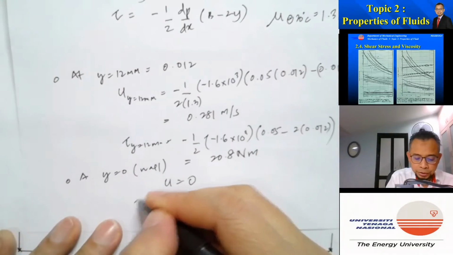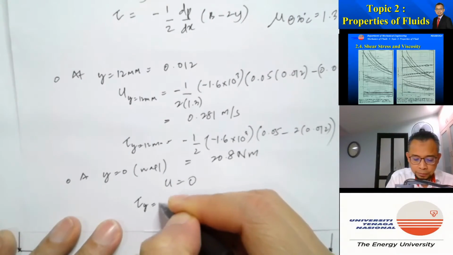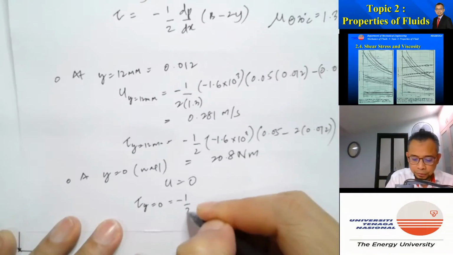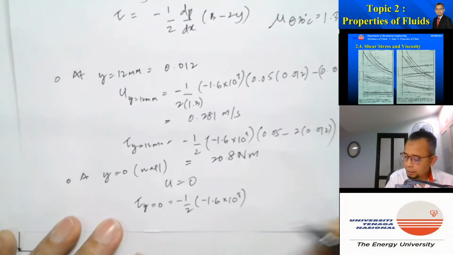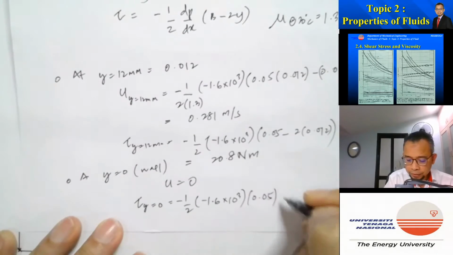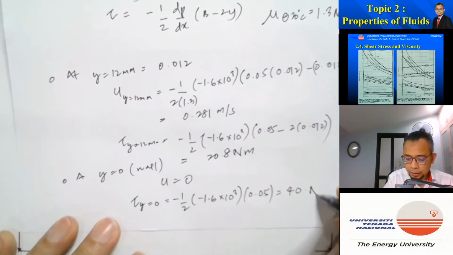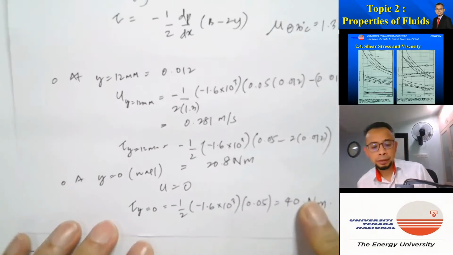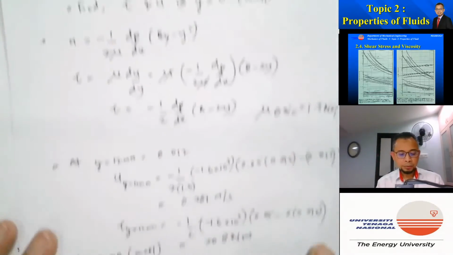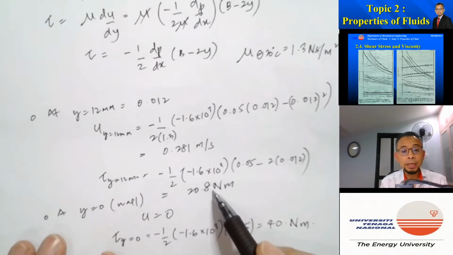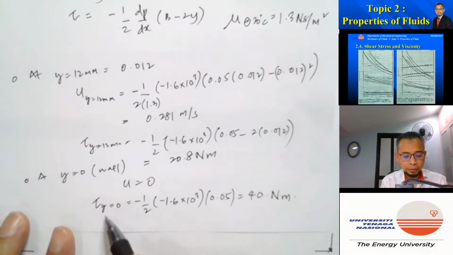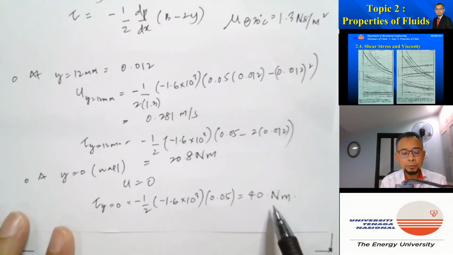And then the shear stress, tau at y equal to 0, is minus 1 over 2, minus 1.6 times 10 to the 3, 0.05, so it's equal to 40 Newton meter. So at y equal to 12 mm it's equal to 20.8 Newton meter, whereas at y equal to 0 it's equal to 40 Newton meter.